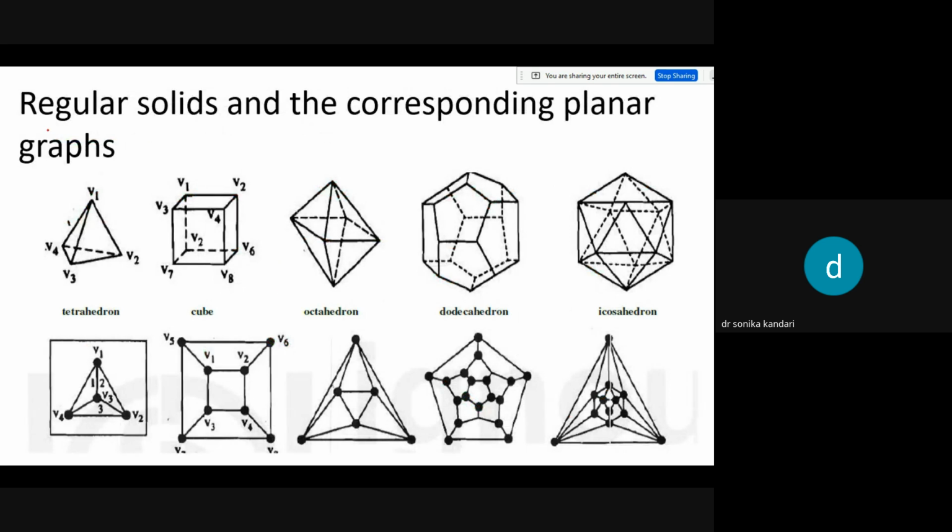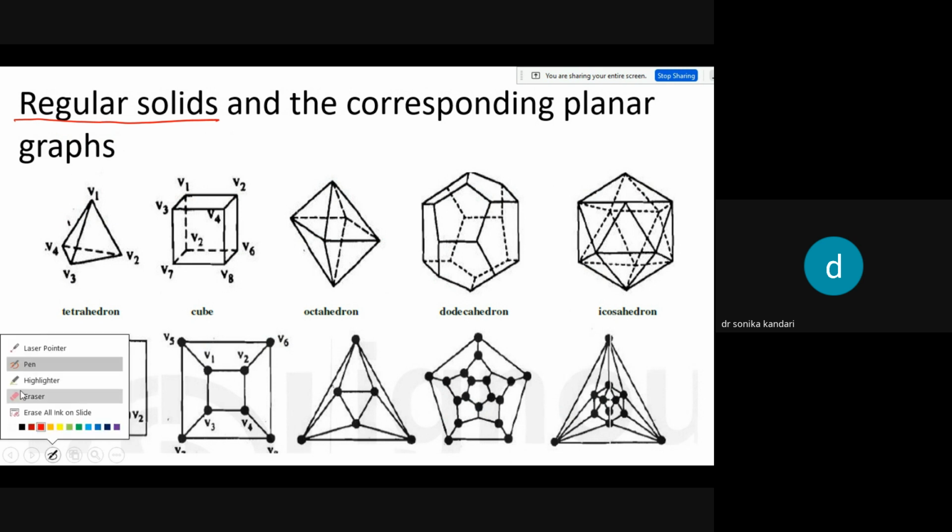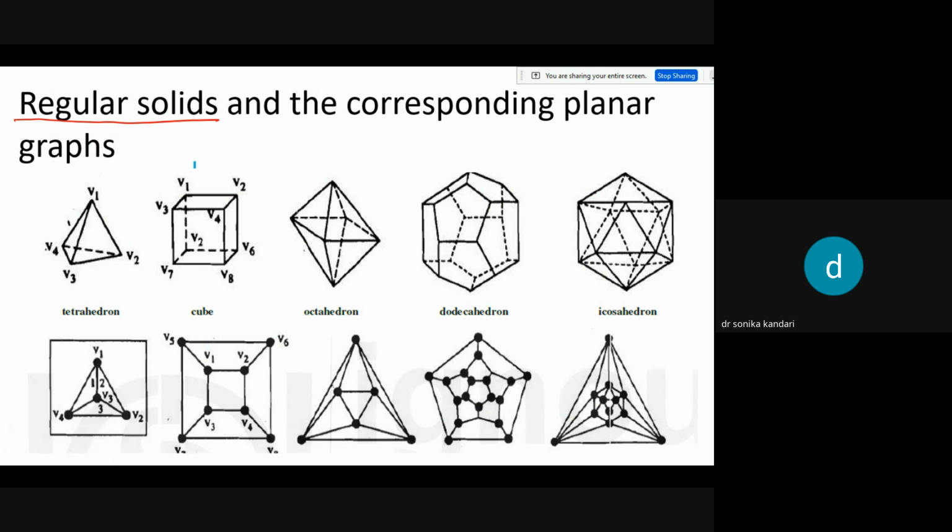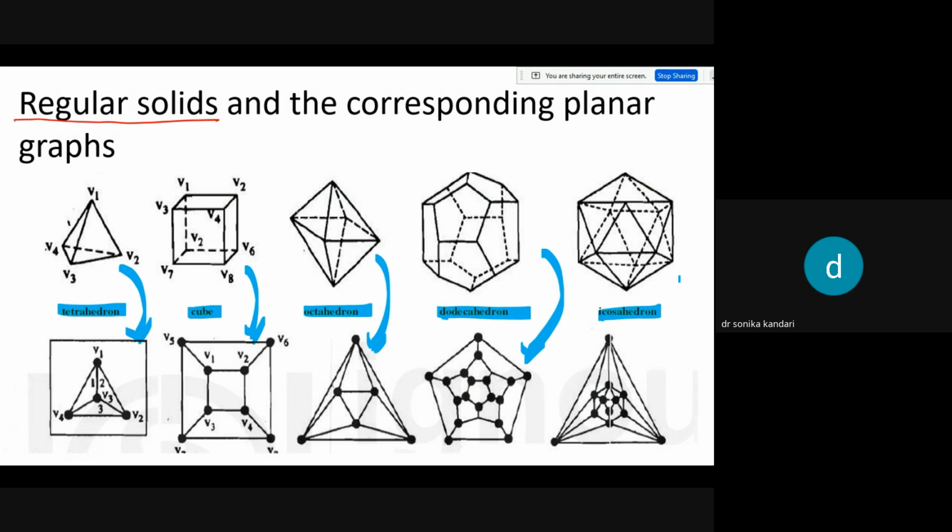See, we have different regular solids, like tetrahedron, cube, octahedron, and so on. These can be represented like this. So all these are examples of planar graphs because they can be represented like this.